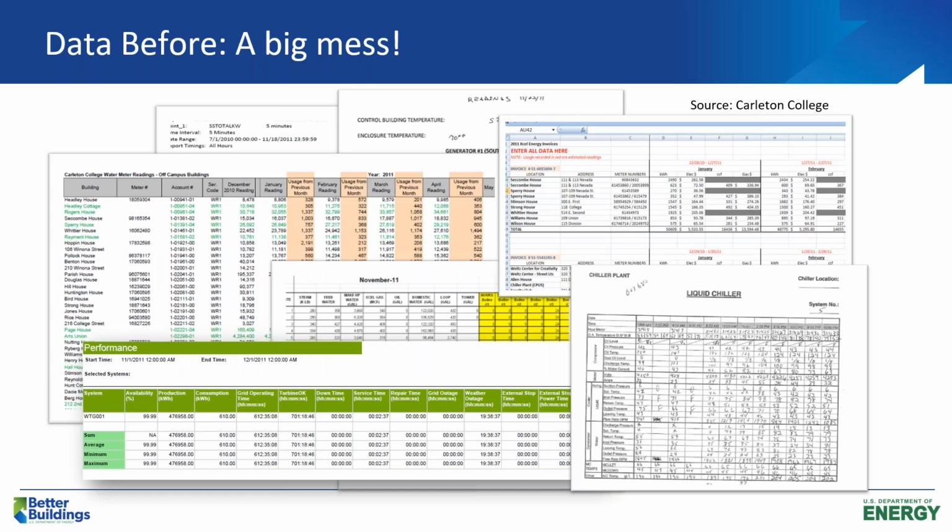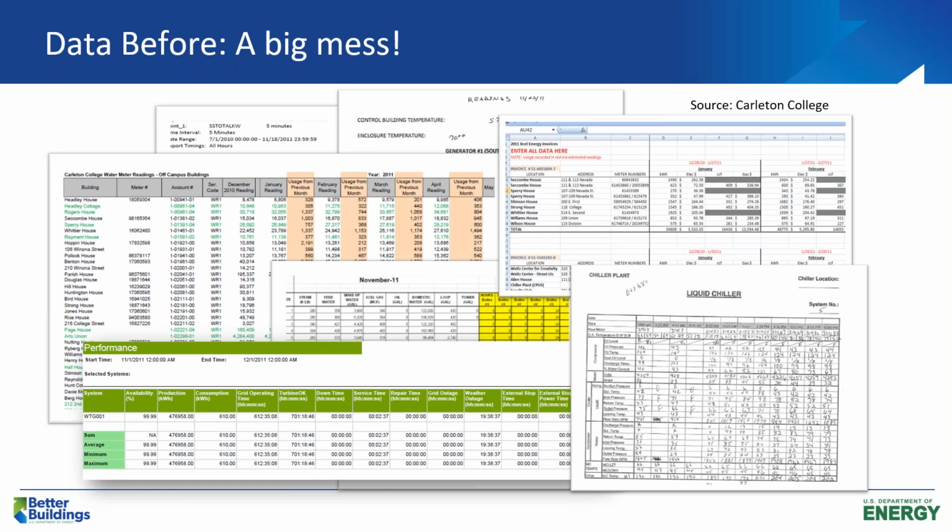So I'm going to give credit here to Carleton College. They were one of our campaign participants in the Smart Energy Analytics campaign, and they put together this slide, and I just kind of feel like a picture's worth 1,000 words. When people look at this slide, they start nodding and saying, yeah, I have lots of Excel spreadsheets.